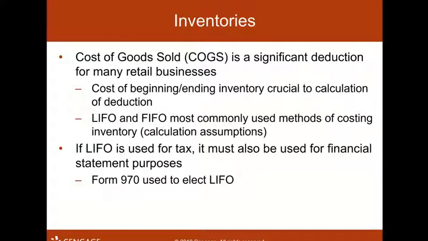So we are mainly using similar principles. Cost of goods sold is a significant deduction for many retail businesses, and cost of beginning and ending inventory is crucial to the calculation of the deduction, which is mainly cost of goods sold.